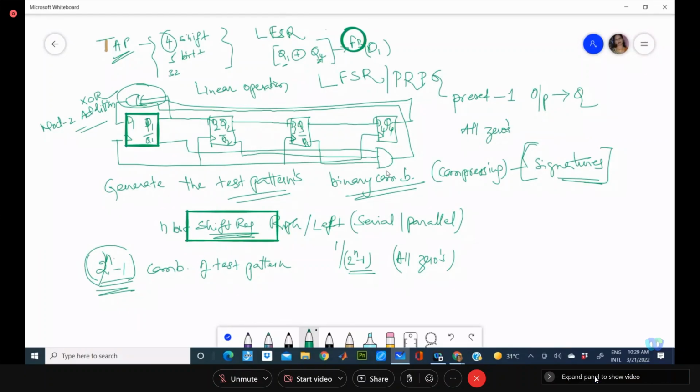This all zeros thing may happen when Q1, Q2, Q3 and Q4 are 0, 0, 0, 1.